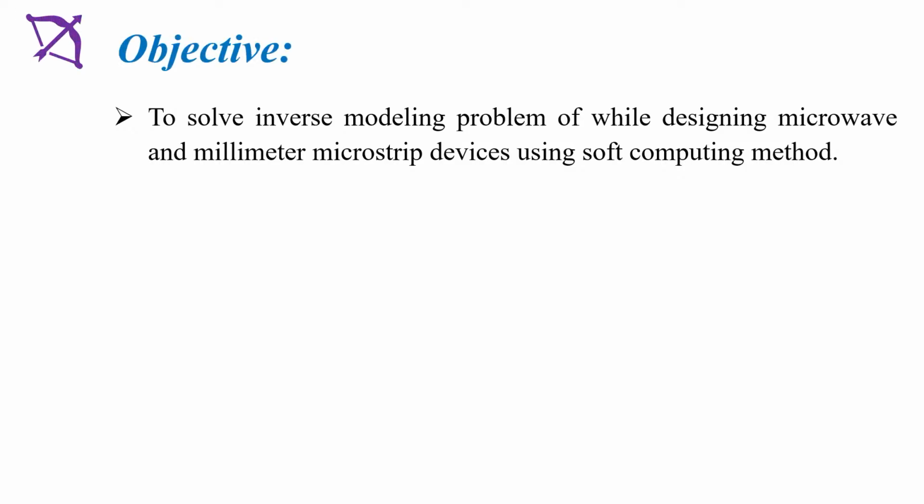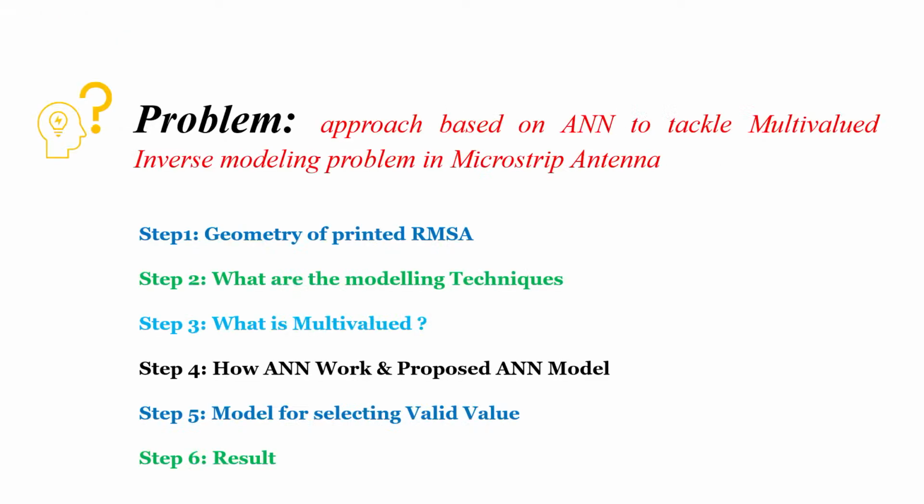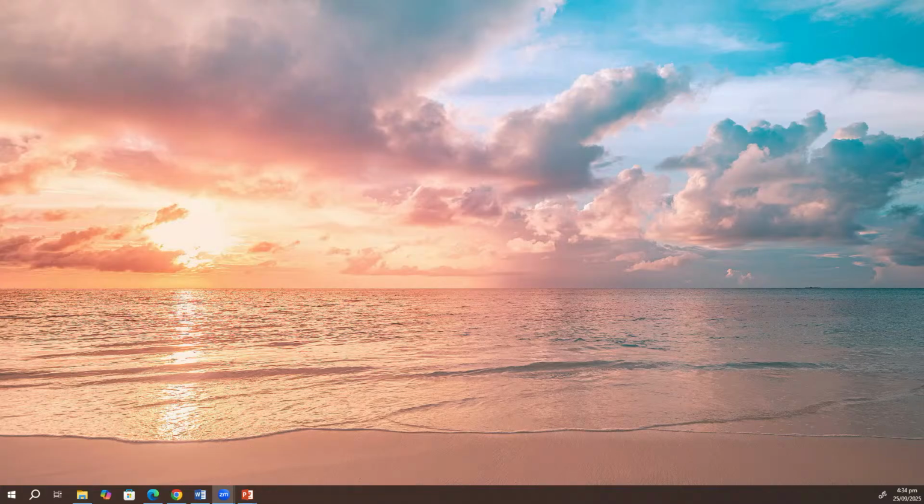Now the objective is to solve the inverse modeling problem while designing the microwave and millimeter microstrip devices using soft computing methods. So this is my problem. The approach is based on ANN to tackle the multi-valued inverse modeling problem in microstrip antenna. In this, first we discuss the geometry of the printed rectangular microstrip antenna.